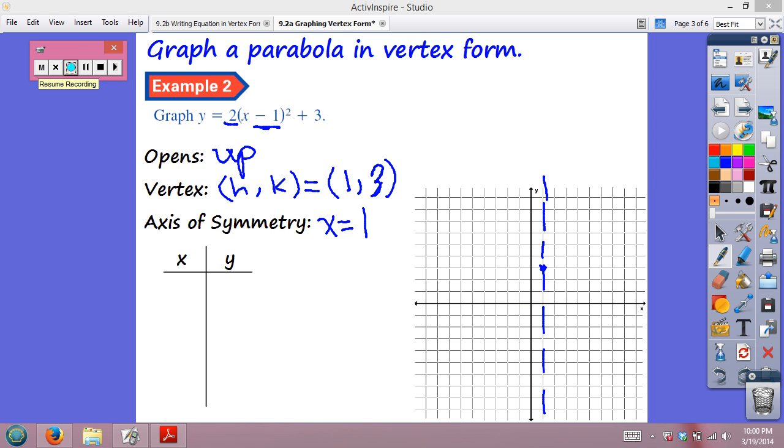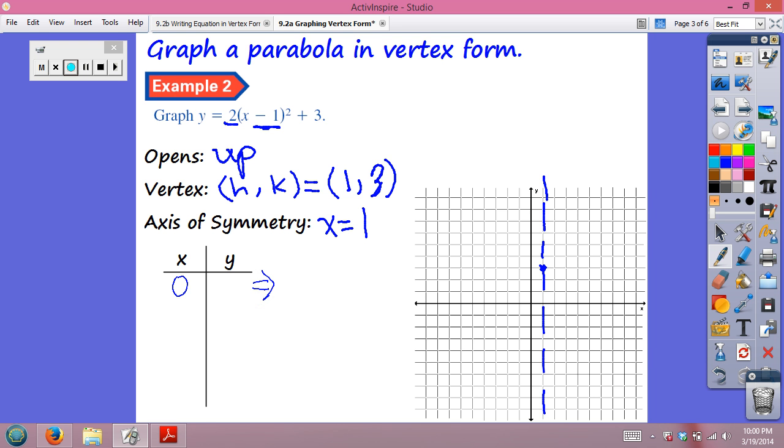So for my first point, I'm going to pick the value 0 for x because I think it's the easiest thing to plug in. So if we plug 0 into our equation above, we're going to get 2 times (0 minus 1) squared plus 3. 0 minus 1 is negative 1. Keep that squared. Remember to carry down your a value, which is 2, plus 3.